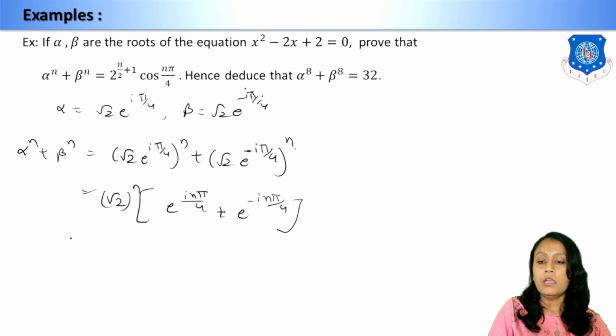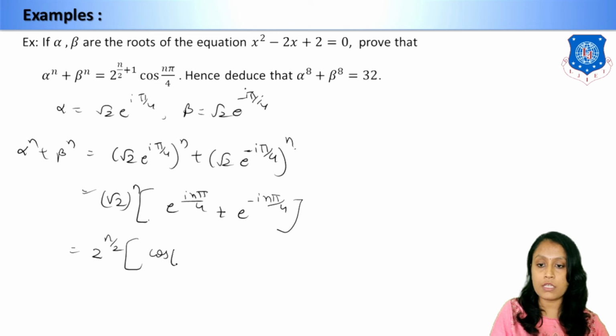Now this we can write as 2 raised to n by 2 times cos n pi by 4 plus i sin n pi by 4, plus cos n pi by 4 minus i sin n pi by 4.